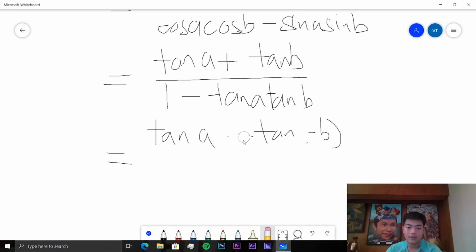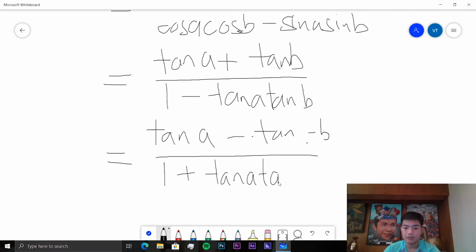So we have tan A minus tan B, all over 1 minus tan A times tan negative B, which is 1 plus tan A tan B. That's how we prove those formulas.